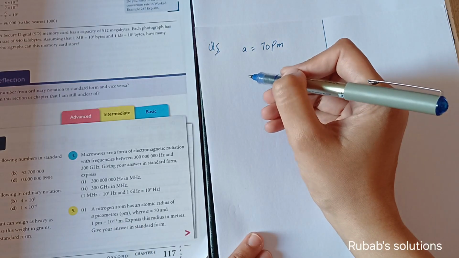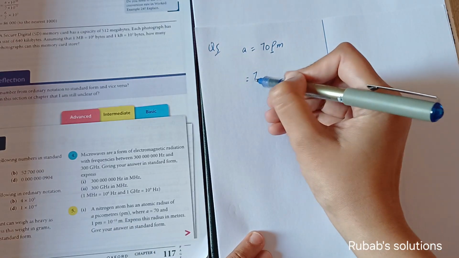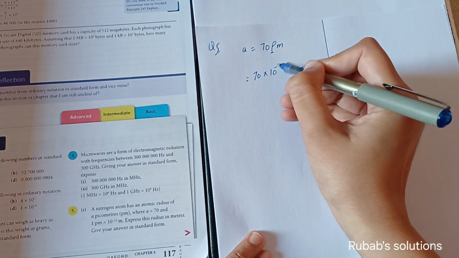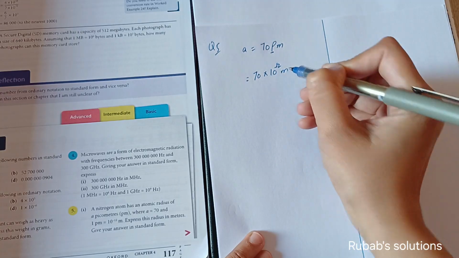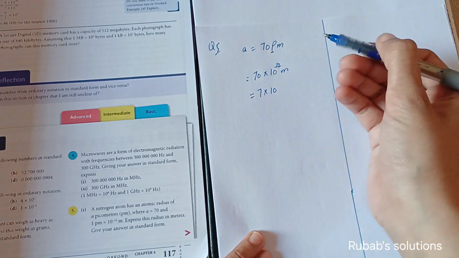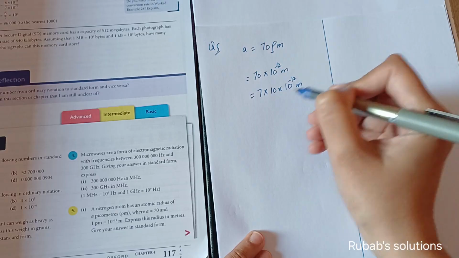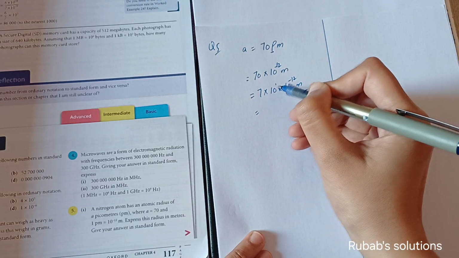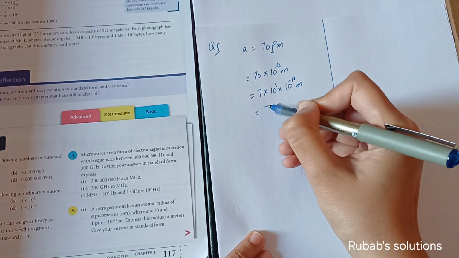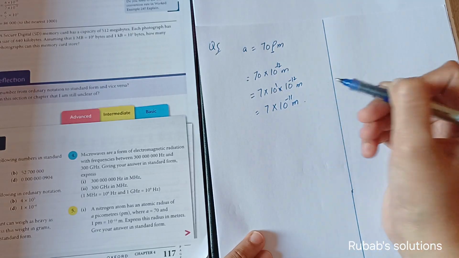So in place of picometer I can write 70 into 10 power minus 12 meters, and 70, can I write it as 7 into 10, so 7 into 10 into 10 power minus 12. We know that when bases are same we have to add the powers, so 1 plus minus 12, it will become 7 into 10 power minus 11 meters.